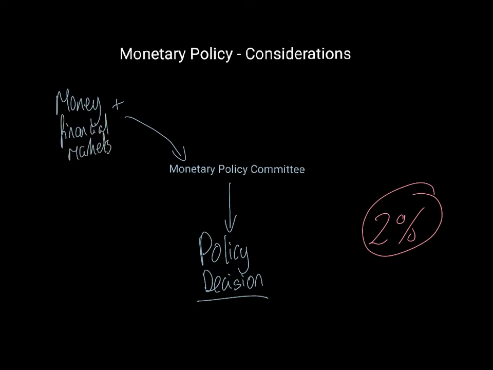So they will take account of the amount of money, the amount of debt, market interest rates. So that's not the rate of interest that they set themselves, but the rates that the banks are setting between each other, the exchange rate of the currency and what's going on there. They'll also think about asset prices, so what's going on with house prices, the stock markets. So lots and lots of things going into that section.